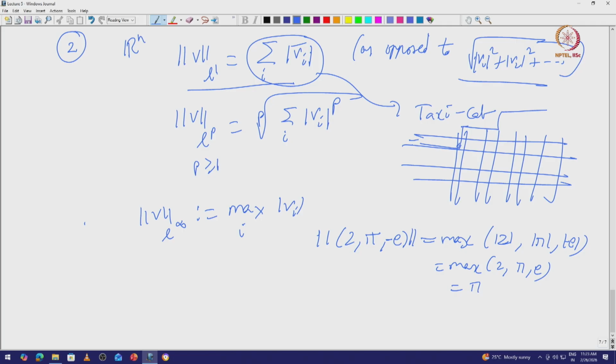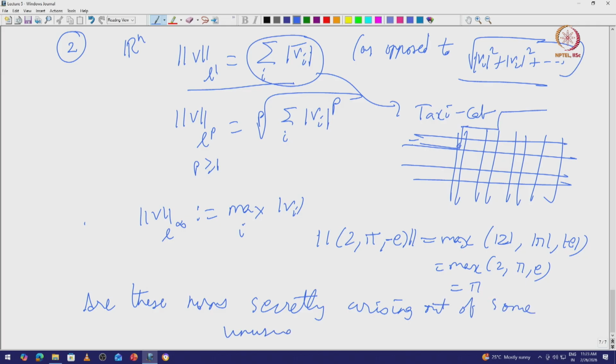Now the point is, you can ask, are these norms secretly arising out of some non-standard or unusual inner products?